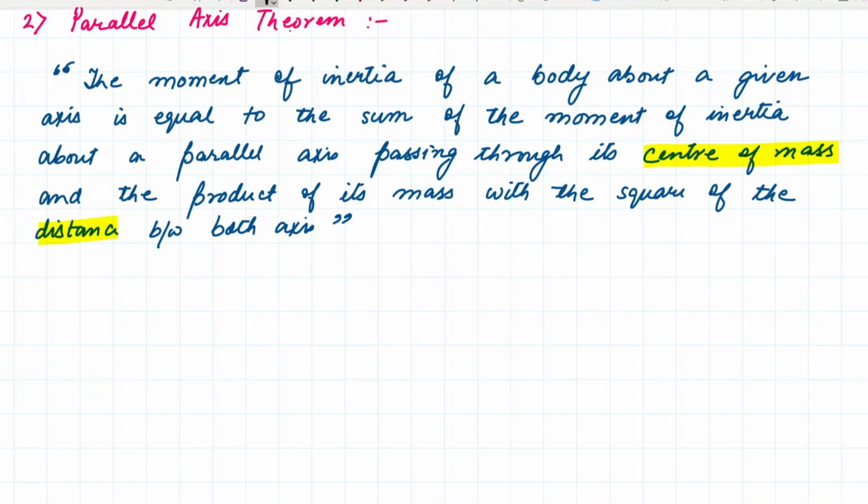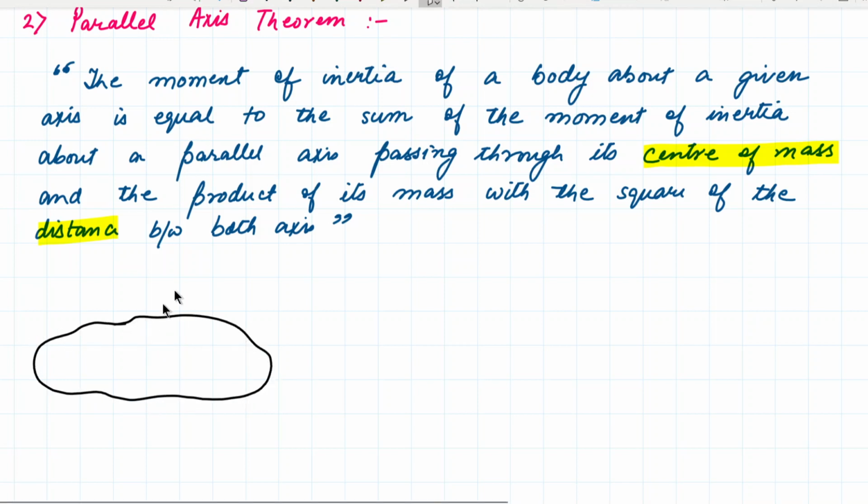So for example, let's suppose you have some kind of a three-dimensional rigid body, and the center of mass of this body is this. Okay, this is the center of mass.